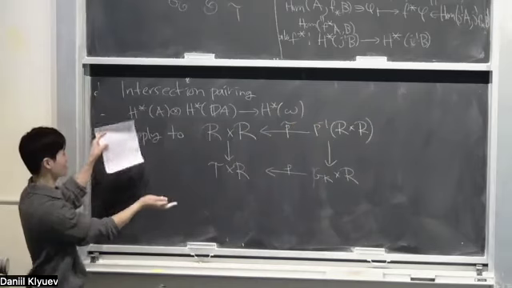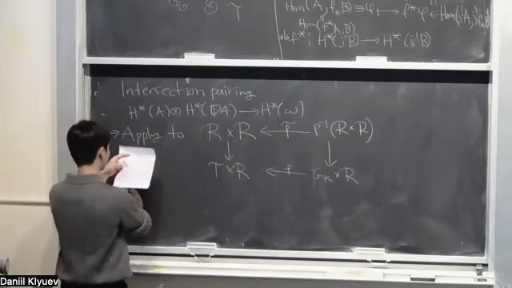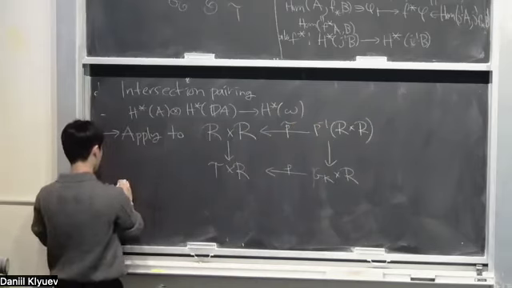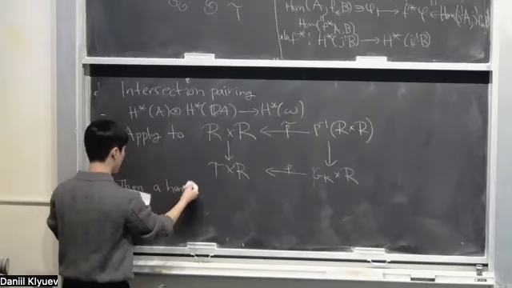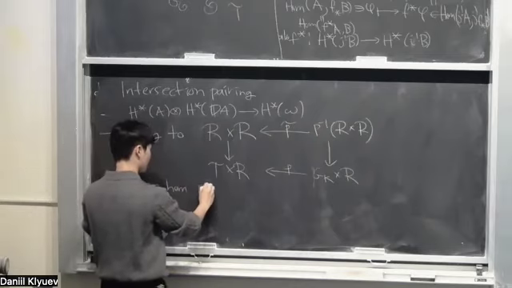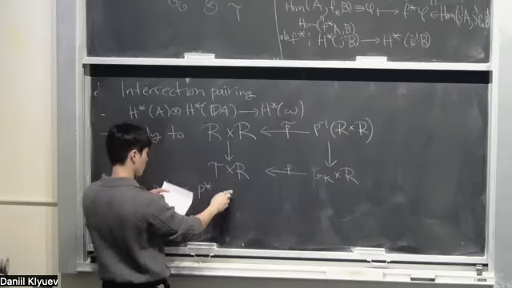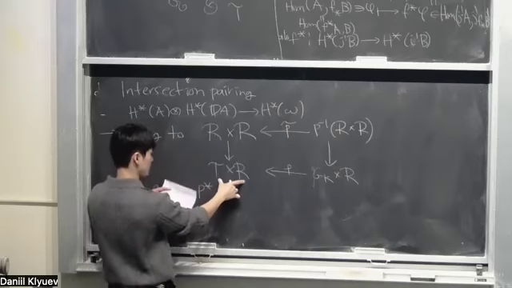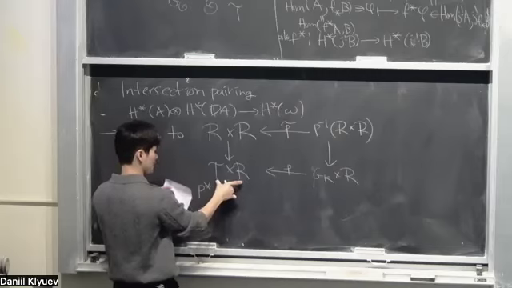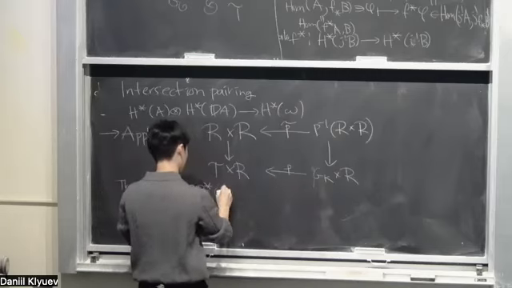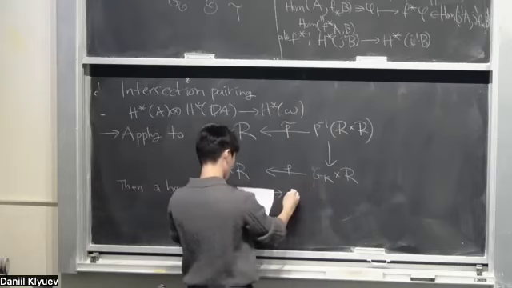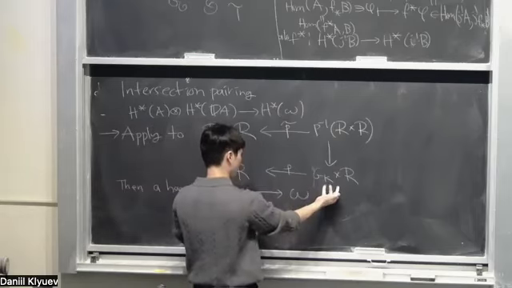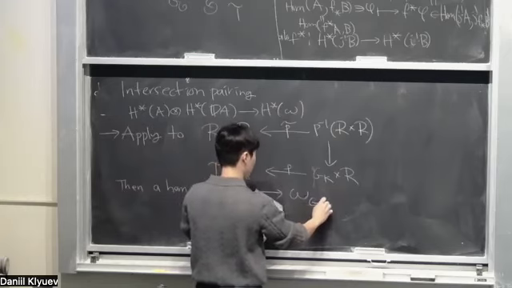Okay, left and right are kind of switched, but if we have some homomorphism, look at this: the dualizing sheaf on this pullback, and then a map from that to just the dualizing sheaf of this, let's say.